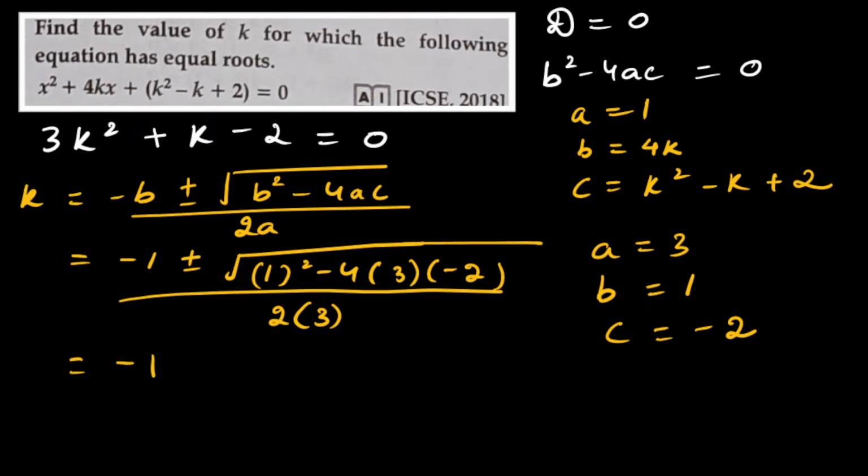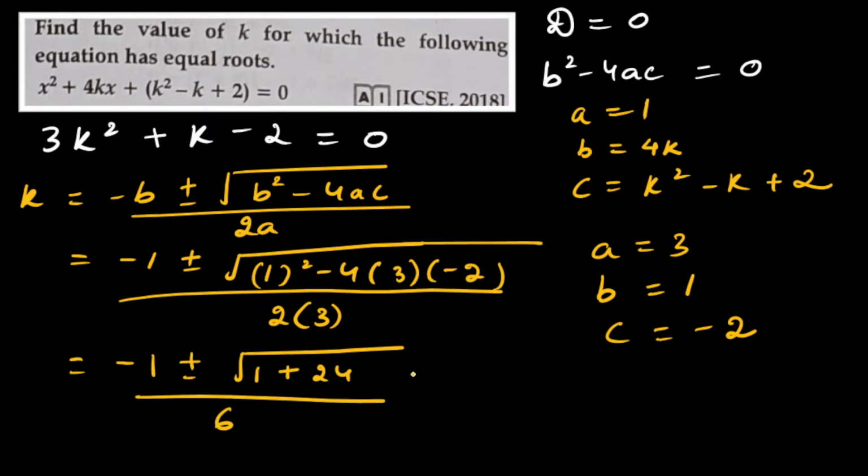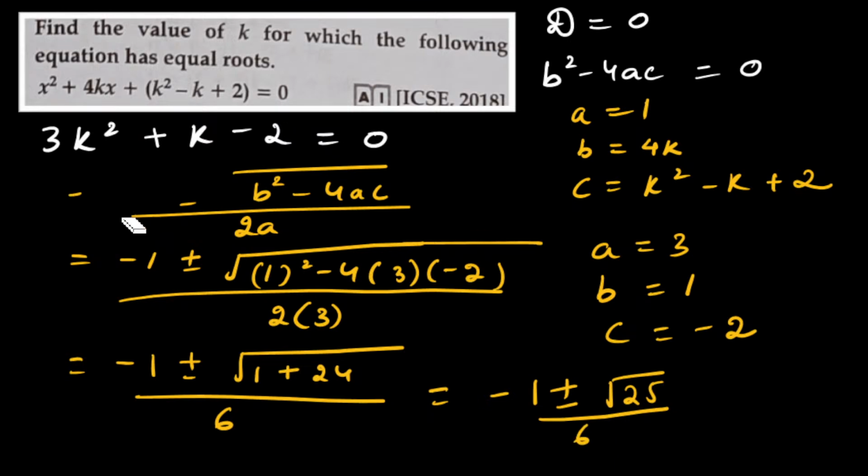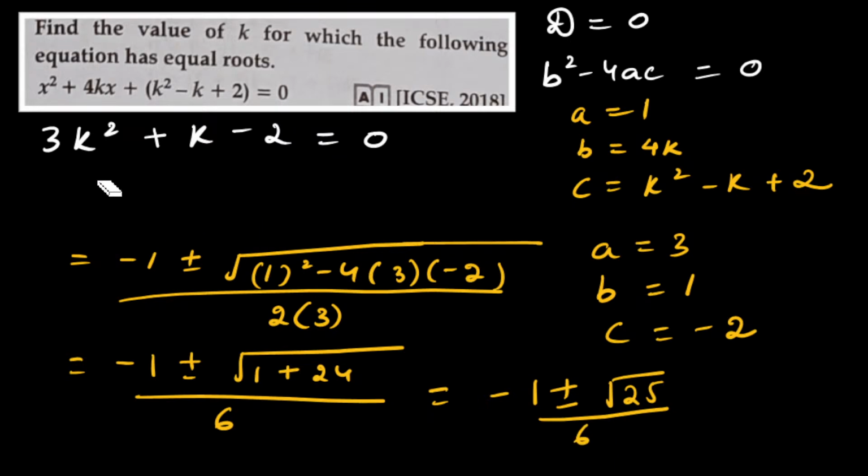So minus 1 plus minus square root of 1 square is 1, minus into minus plus, 4 into 3 is 12, 12 into 2 is 24, by 2 into 3 is 6. So this will be minus 1 plus minus square root of 1 plus 24, which is 25, by 6. So we'll just simplify it further.